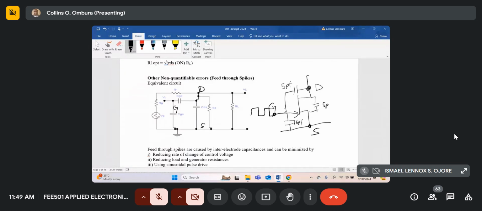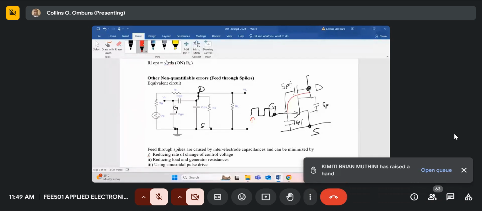So for example, if we start at this point over here, the input point, when it's going high, part of the signal can flow through this capacitor and appear at the output of our system. So you'll get a spike like that. And then when it is switching off at this point over here, you're going to get a spike like that, on, off.